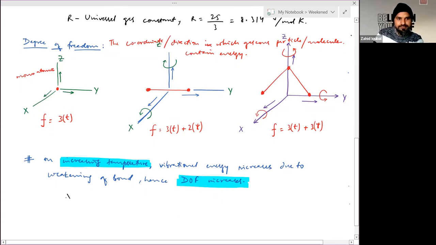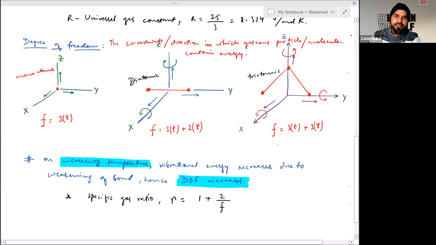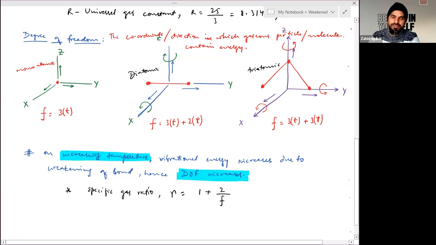So, gamma is called the specific gas ratio, which is equal to 1 plus 2 by F. Now, if you put the value of F for monoatomic, diatomic, or triatomic, polyatomic, anything, degree of freedom increases.